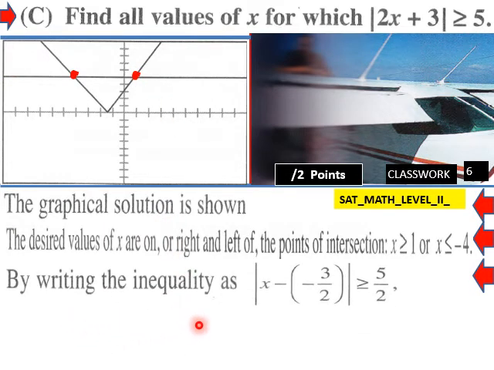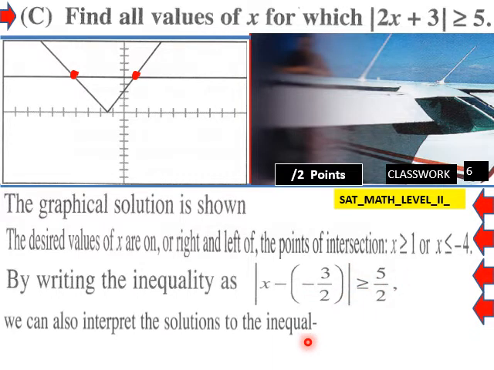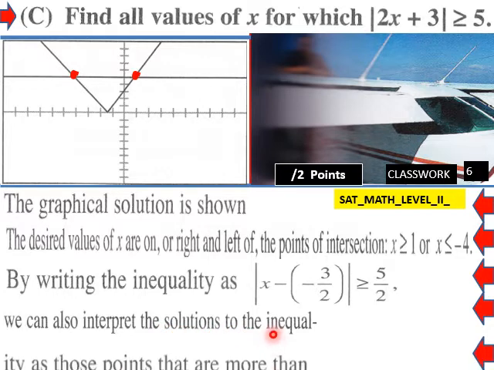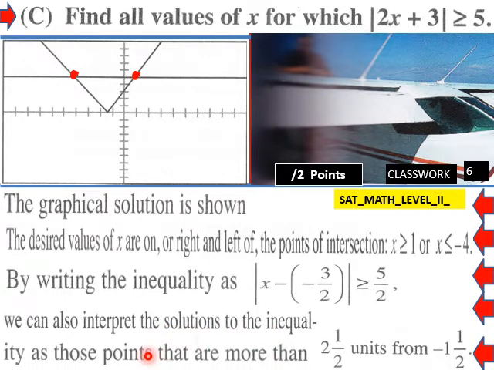By writing the inequality as absolute value of x minus (negative 3/2) is greater than or equal to 5/2, we can also interpret the solutions to the inequality as those points that are more than 2 1/2 units from negative 1 and 1/2.